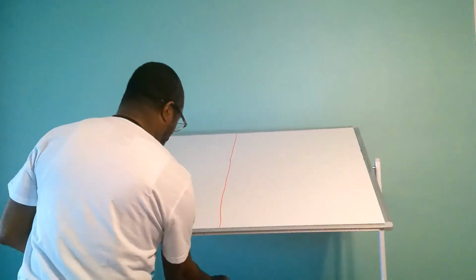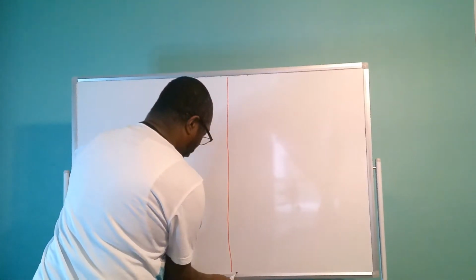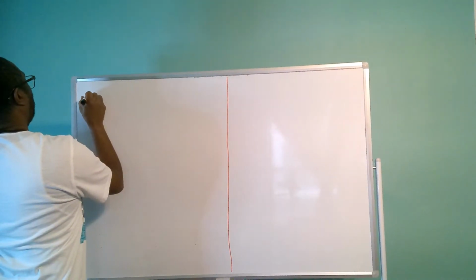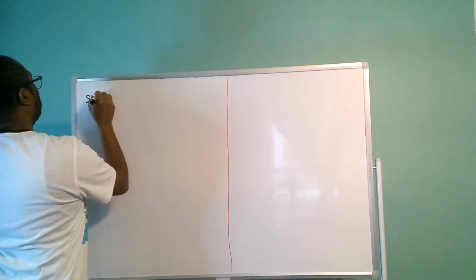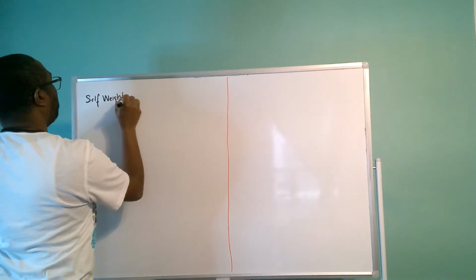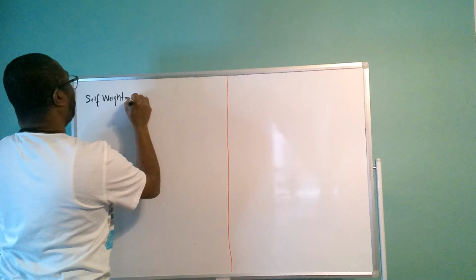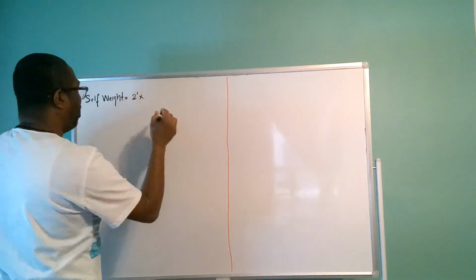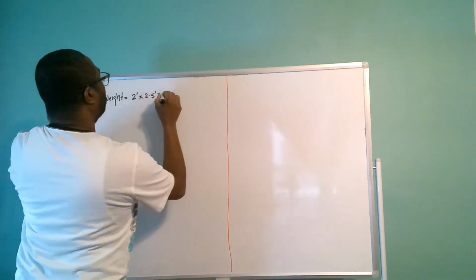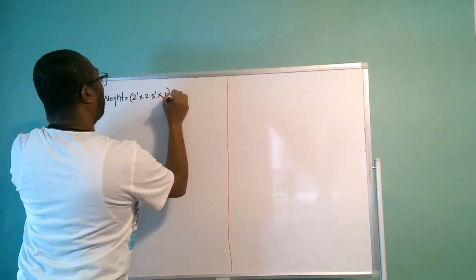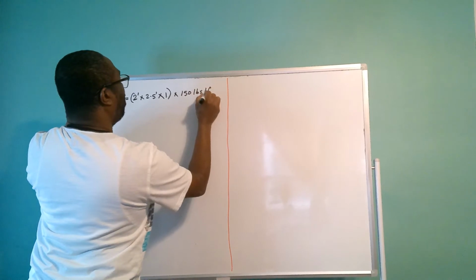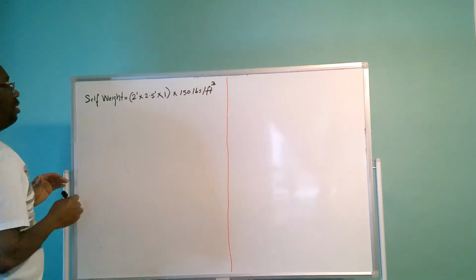So the self-weight of the beam is going to equal 24 inches, which is 2 feet, times 30 inches, which is 2.5 feet, times 1 foot, times 150 pounds per cubic feet.